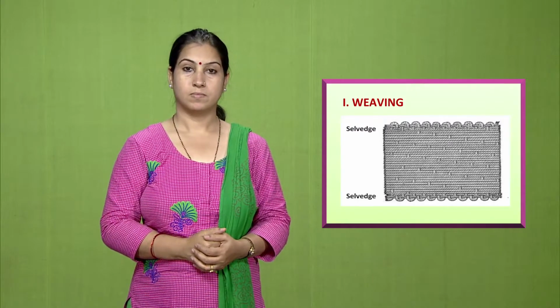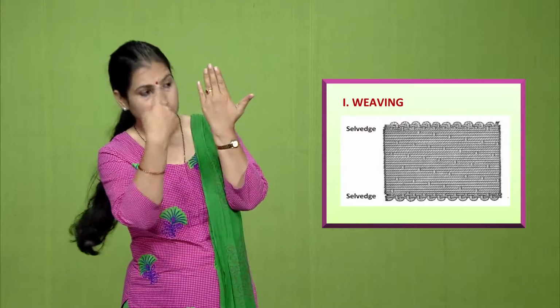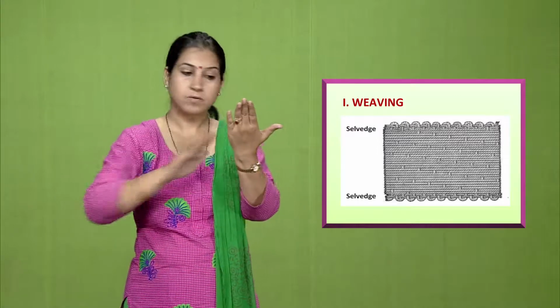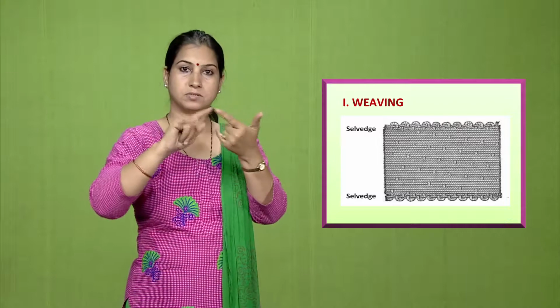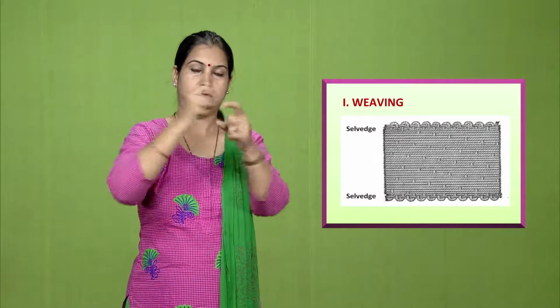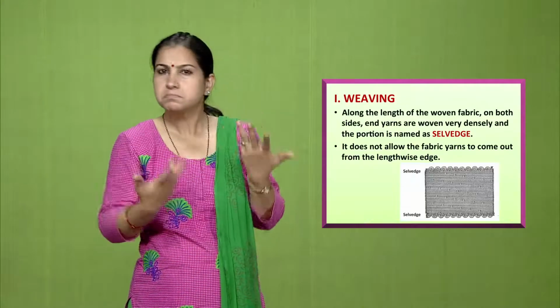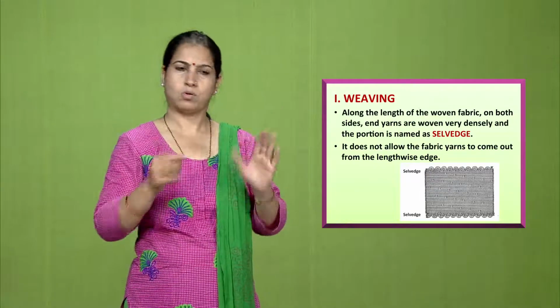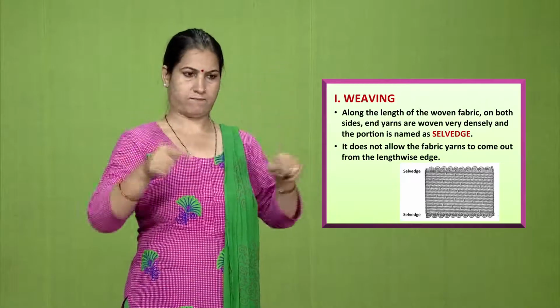Even the second side of the fabric is finished. These two finished edges are termed selvages. It does not allow the fabric or the yarns to come out from the lengthwise edge.